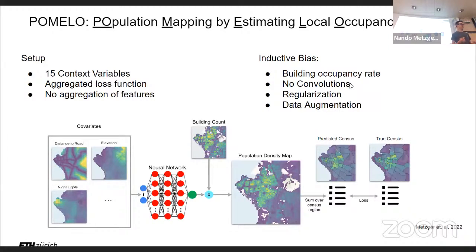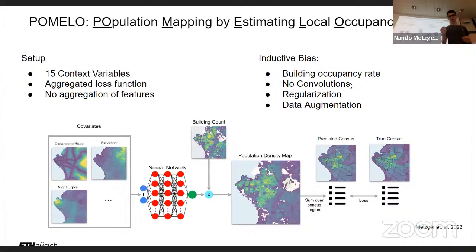For example, distance to road is mostly just a monotonic function, basically, right? So you don't gain a lot. Also, if you introduce a 3x3 kernel instead of a 1x1 kernel, you just blow up your number of parameters by a factor of 9. And if you only have a few samples, as I showed before, like in Congo, where you have 189 samples, you cannot afford that many parameters.